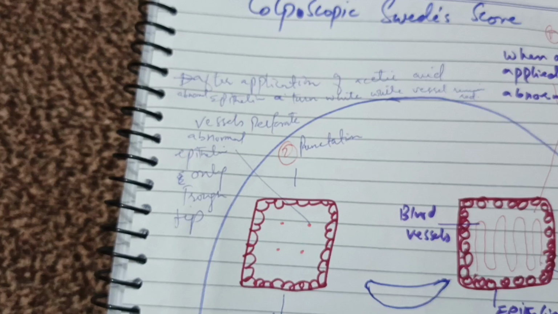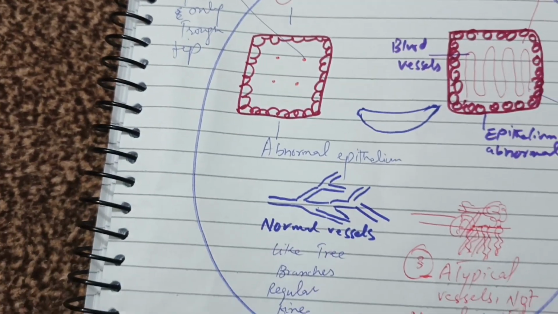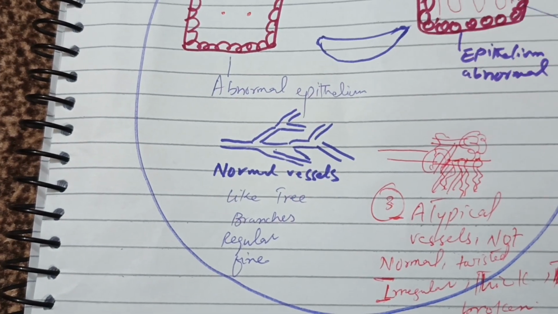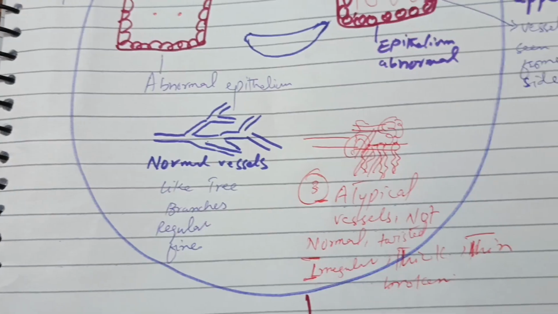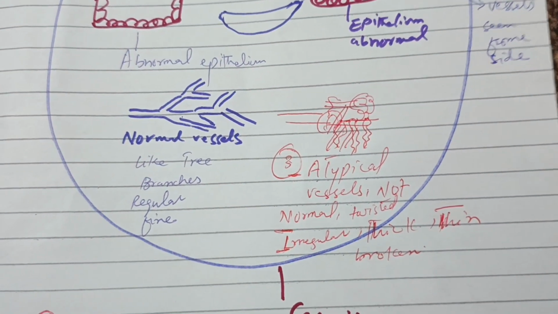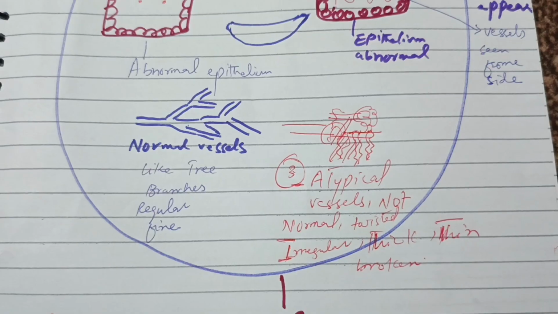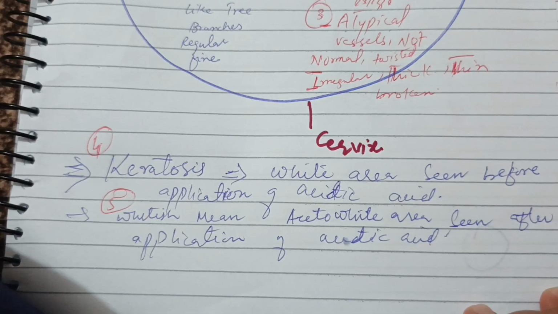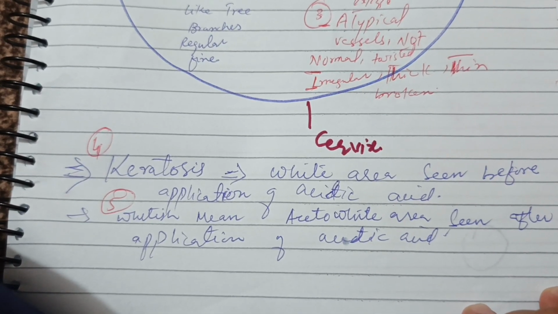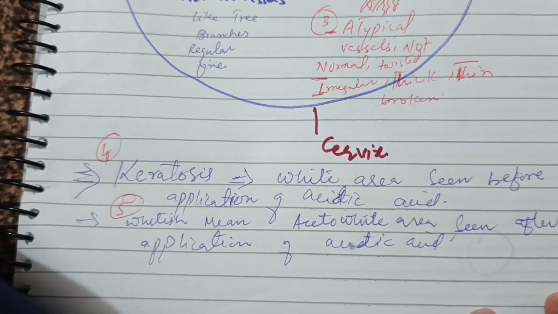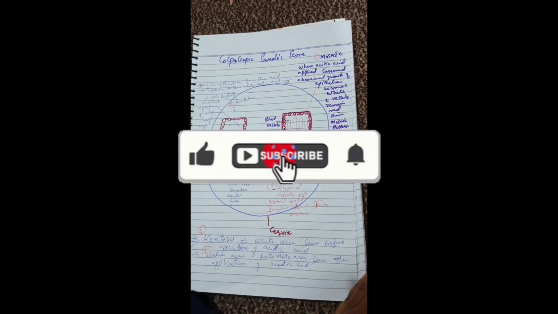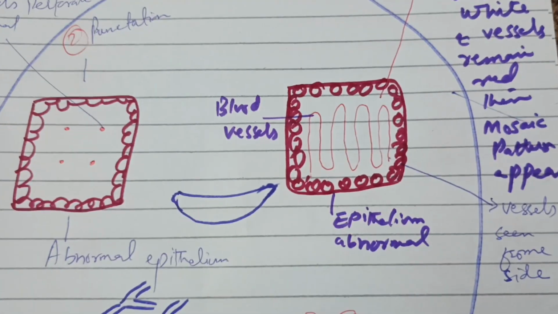When acetic acid is applied, the blood vessels are seen from the tip as punctation. Now, atypical vessels are not normal: twisted, irregular, thick, thin, broken. These are seen after applying the green filter. Keratosis is a whitish appearance before application of acetic acid, and aceto-white epithelium is after application of acetic acid.